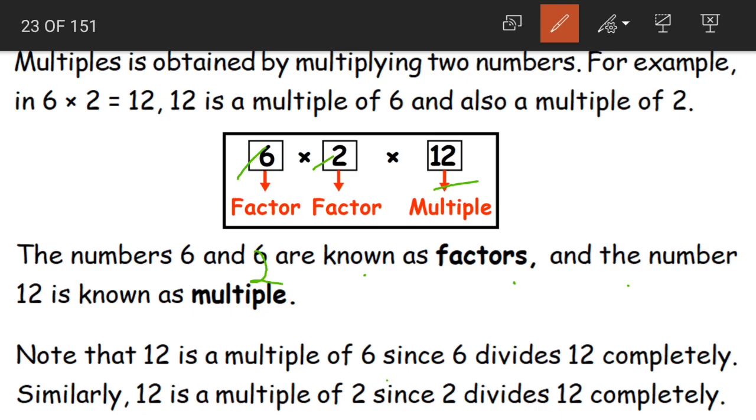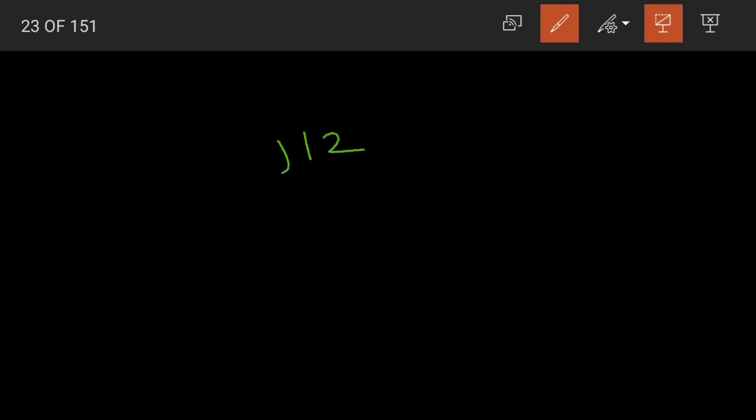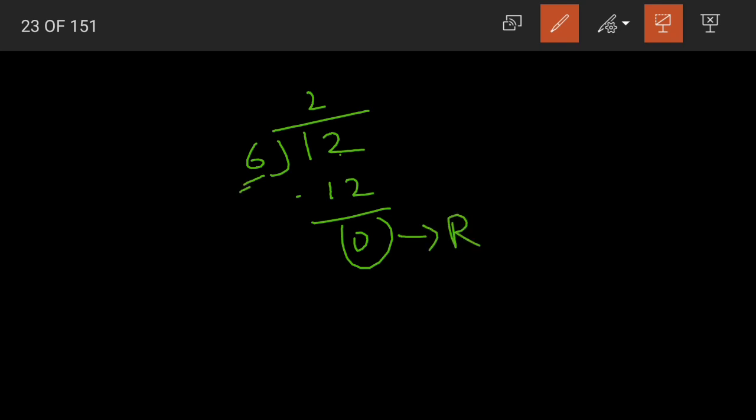Note that 12 is a multiple of 6 since 6 divides 12 completely. 6 dividing 12, we have 6 2s are 12. When we subtract, 0 becomes our answer. Here the remainder is 0, which means that 6 divides 12 completely. Yes or no, children?